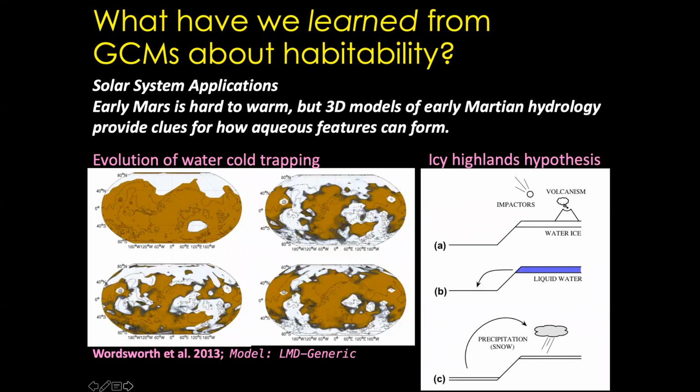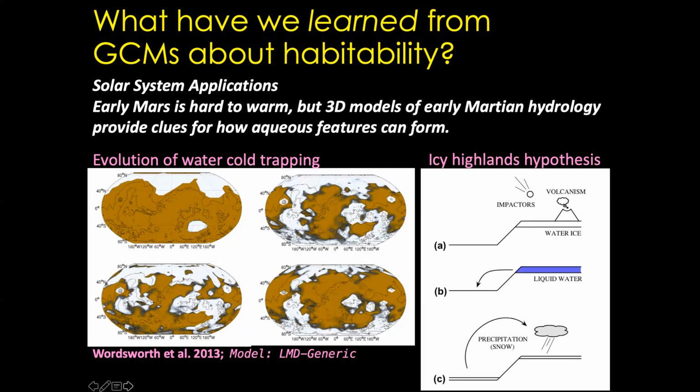2013, using the LMD generic model, it is shown on the left that water would preferentially be cold trapped on the Martian highlands, the high parts of the topography, and then short period warming events may have caused periodic melting to cause the riverine features that we see today on Mars.